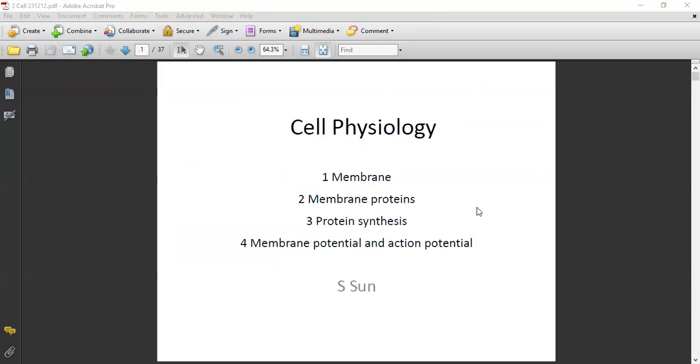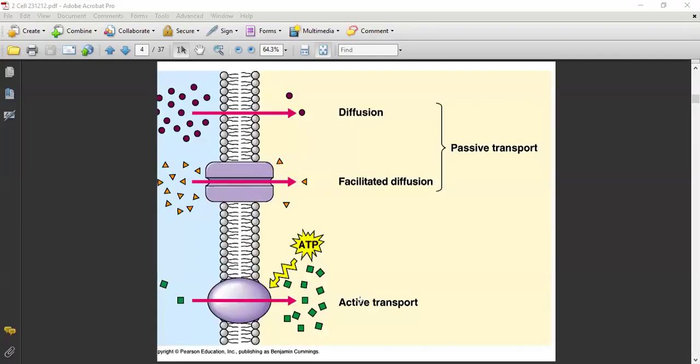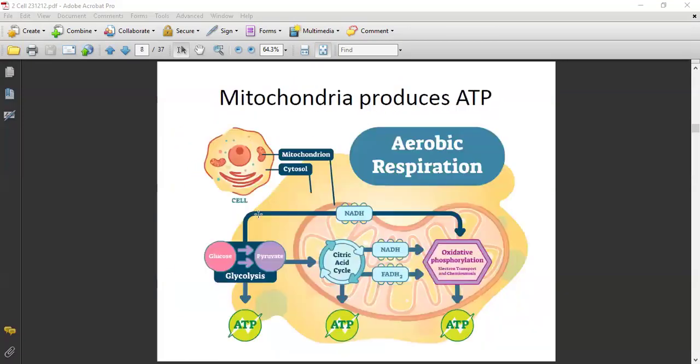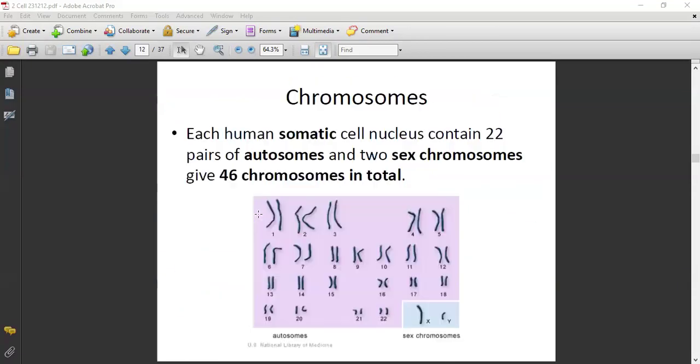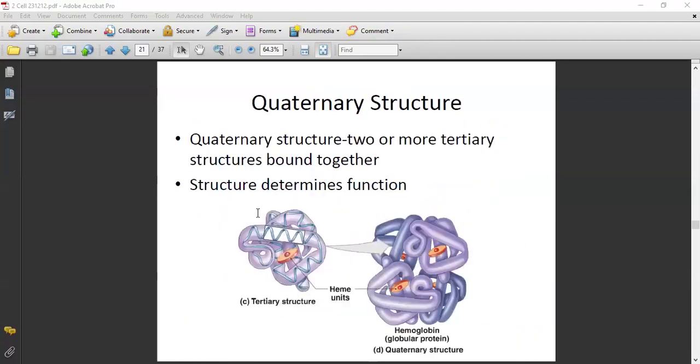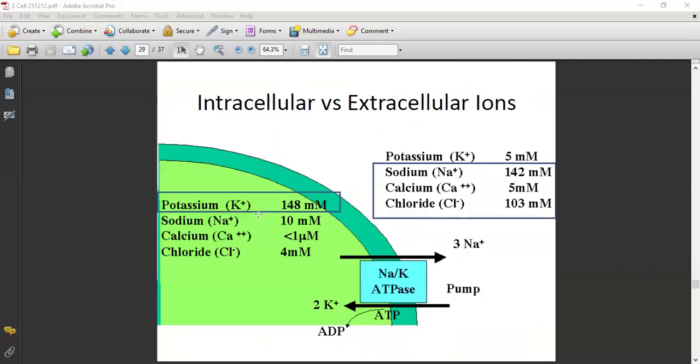All right, so I just opened our earlier lecture, and I just want to show you here the membrane protein. Here is the ion channel. I think we talked about the ion channel.